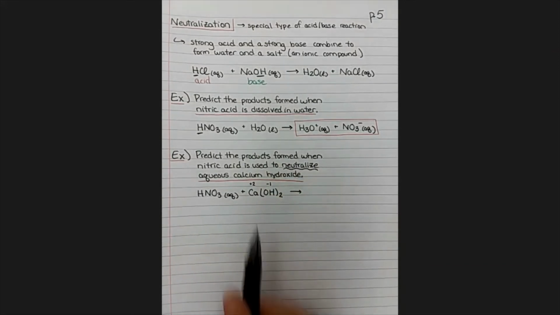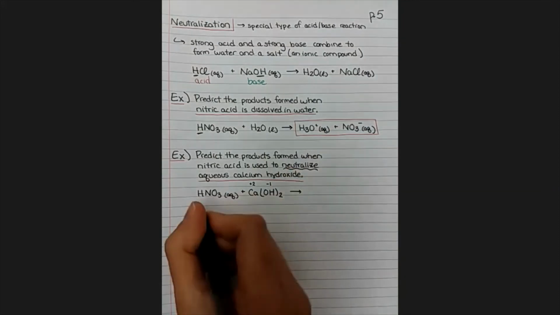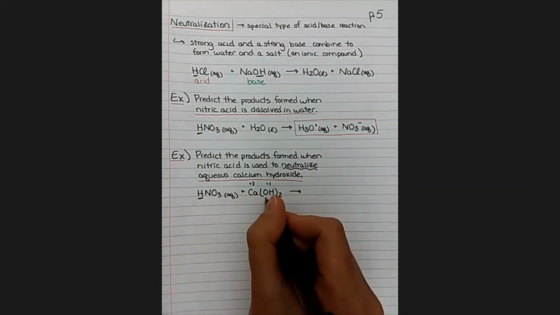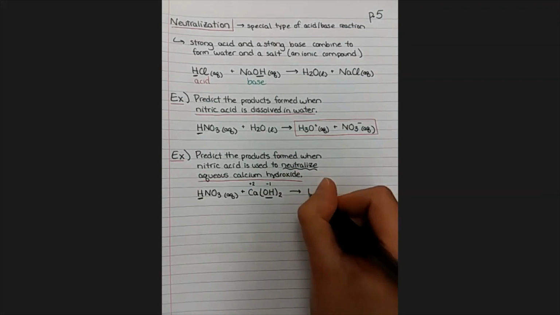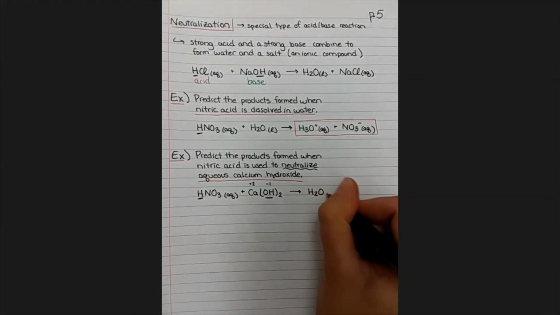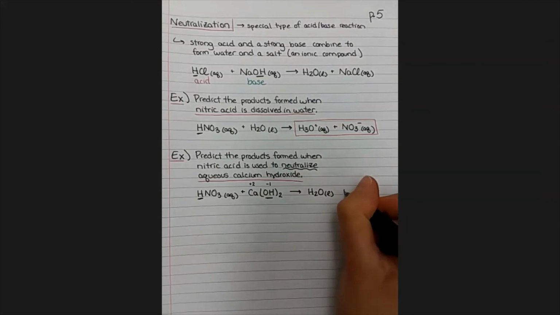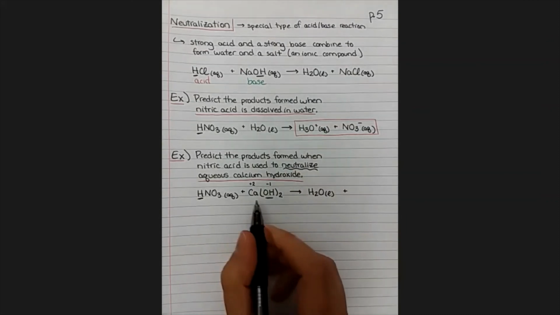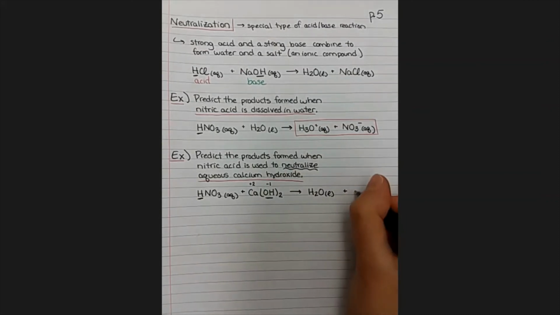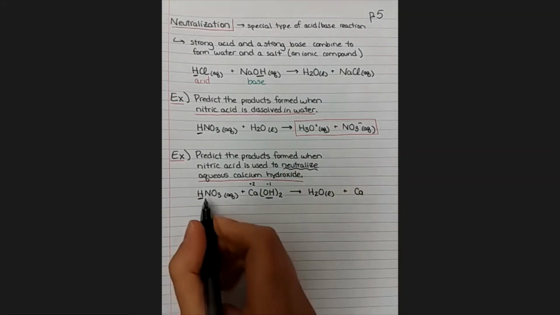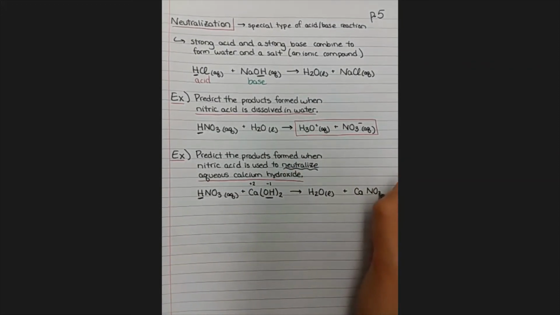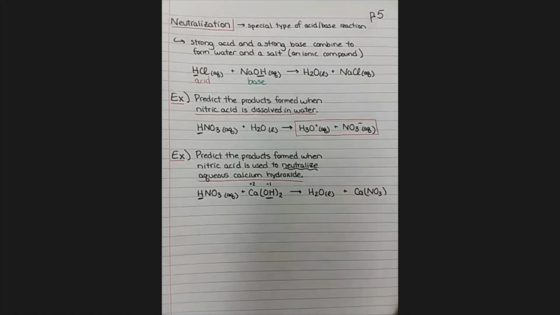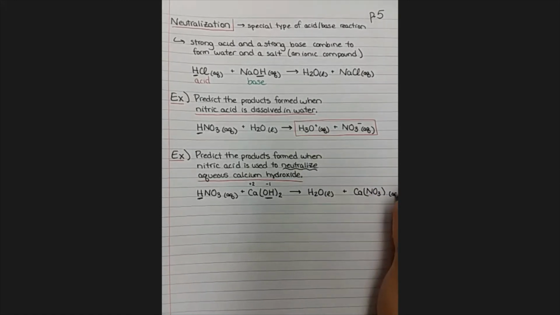And then when I need to predict the products, I'm going to always predict water made out of an H from an acid and an OH minus from my base. And then I will take the cation from the base, calcium, and the anion from the acid, nitrate, and that is going to be soluble as well.